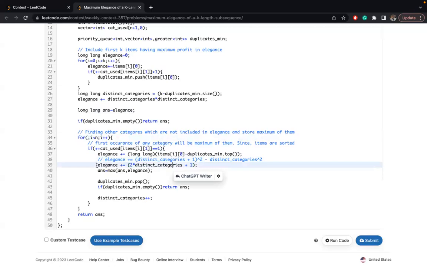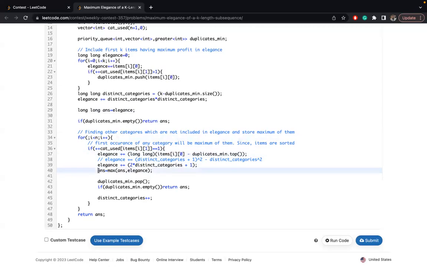That I am increasing in the elegance. And in the first line, like line number 37, you can understand that the item which has been included and the item which I am now excluding from the duplicates, right? This is the new item, and this is the item which has now been excluded.